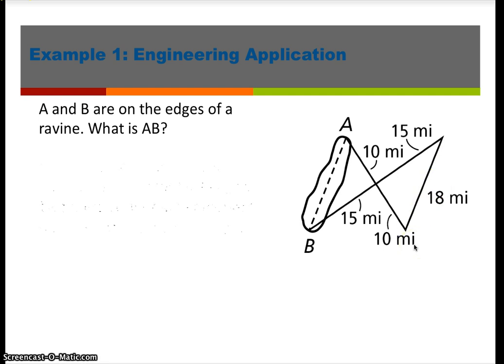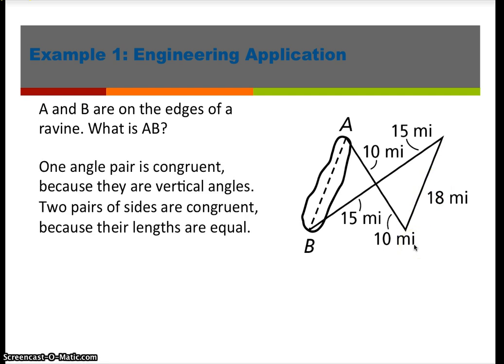So the first thing we notice in the picture is that one angle pair is congruent. In the middle right here we have a vertical angle, so the angle on this side would be congruent to the angle on this side. Those are vertical angles. And then the side that's 10 is equal to the side that's 10, and the side that's 15 is equal to the side that's also 15 on that other triangle.